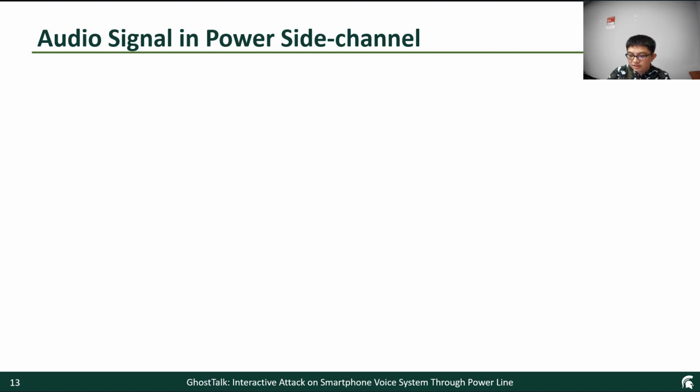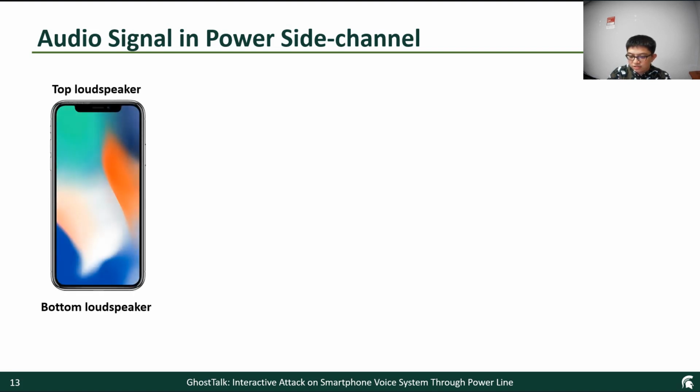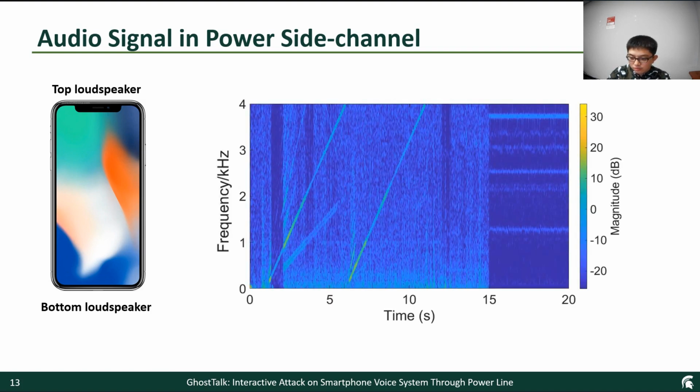To validate the cause of this side channel, we did a simple experiment. We used an iPhone 10 with two speakers and respectively played a chirp signal through the bottom speaker and top speaker. Then we stopped playing and shut off the smartphone. From the spectrogram, we can see that for the bottom speaker and top speaker, the leaked audio signals have the same strength.